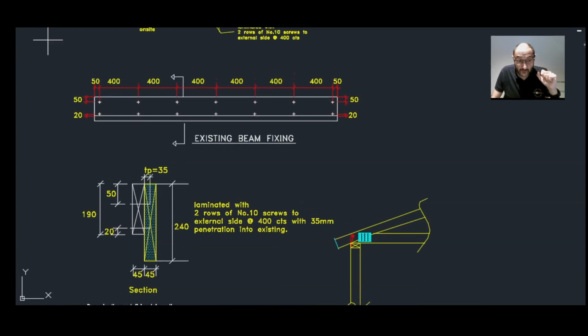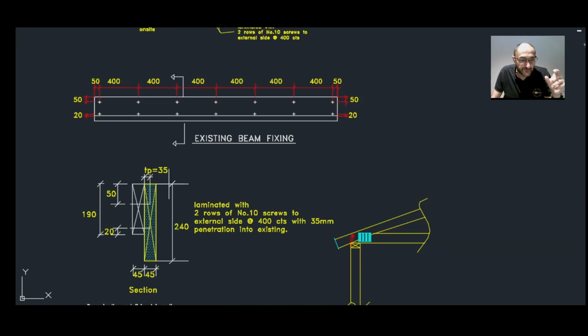Okay, now it's time for the engineer to justify the fixing details, and if it's not satisfactory, then we need to provide a rectification detail. Some may ask, how do we know exactly how long the screws are?